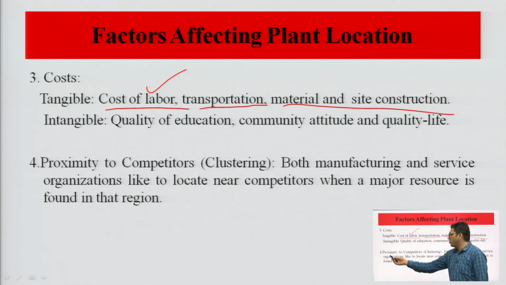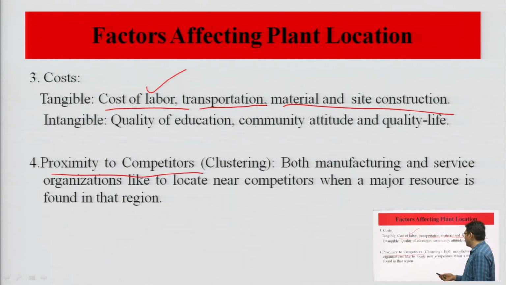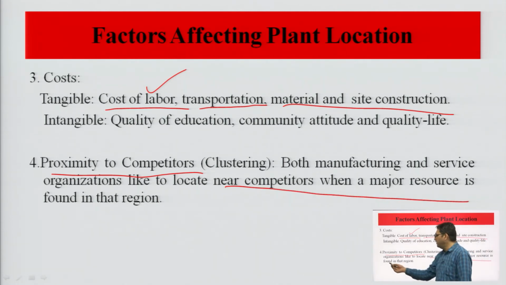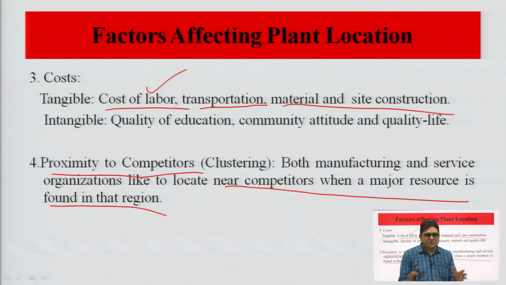Next, it is about proximity to competitor class. Both manufacturing and services organizations like to locate near competitors when a majority of the resources are found in that region. So, sometimes all companies are locating themselves in a particular region because the maximum resources are there, and manpower can be found easily.